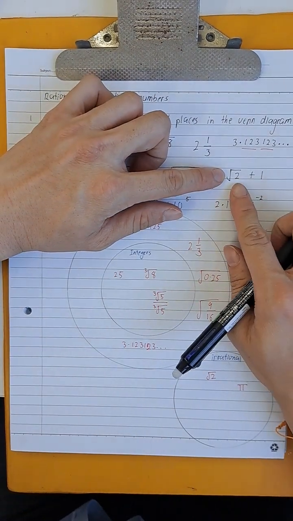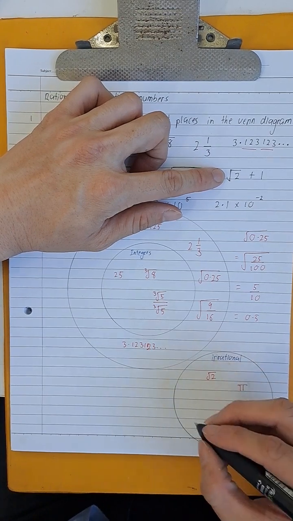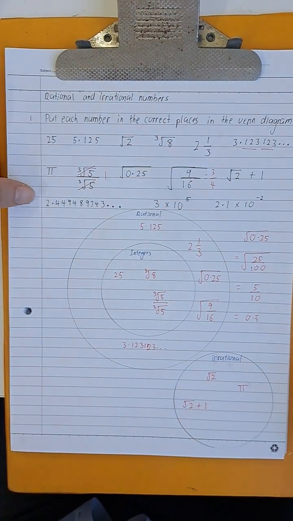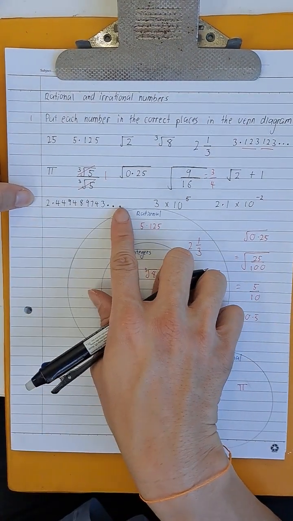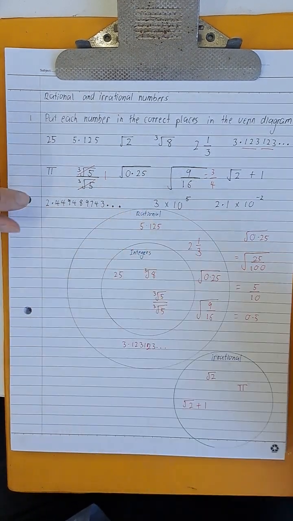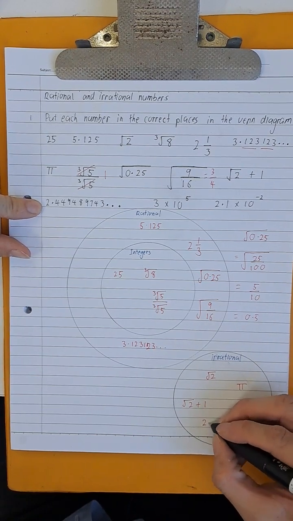Next one, I have an irrational number plus a rational number. That will always give me an irrational number. Next one, we do have a decimal number here which goes to infinity and there are no patterns over here. So we know that this is also an irrational number.